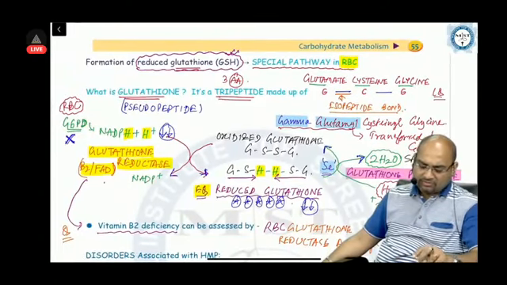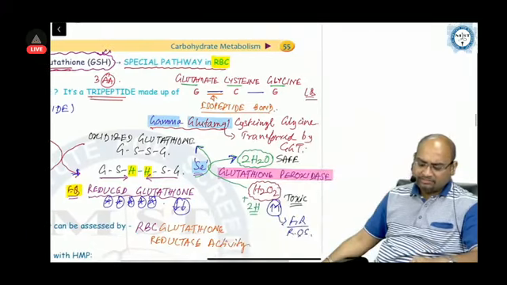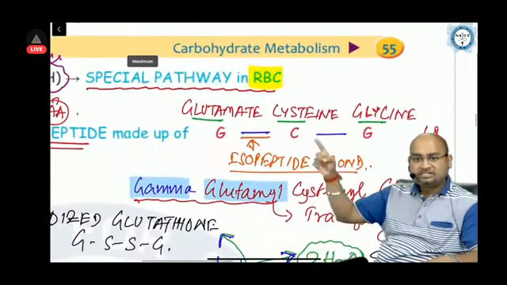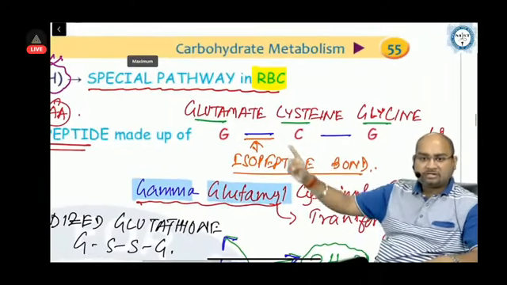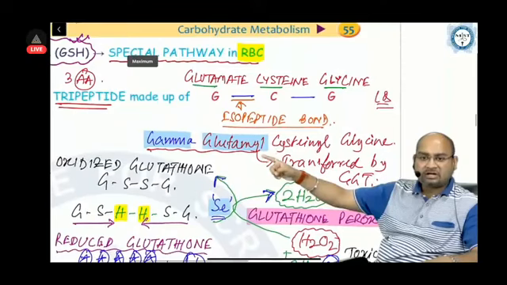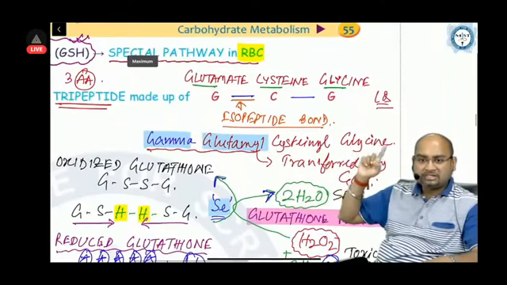Reduced glutathione that we have over here is produced from 3 important amino acids: glutamate, cysteine and glycine. There is a special bond between glutamate and cysteine, which is why the full name is gamma glutamyl cysteinyl glycine.